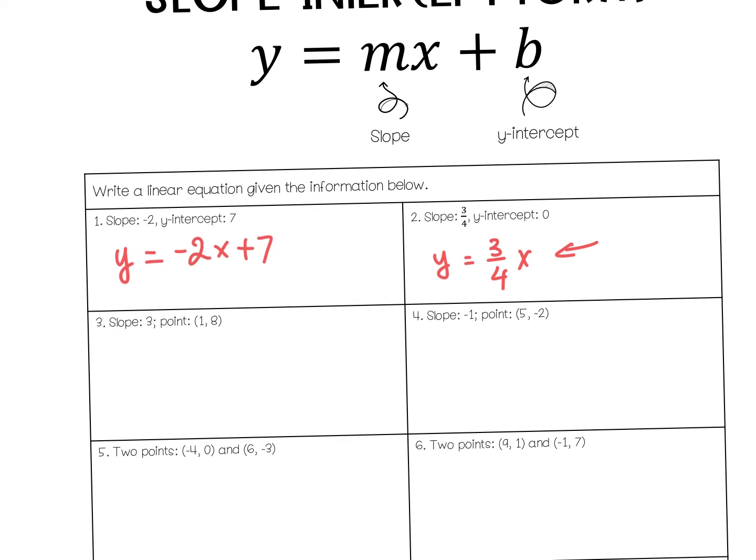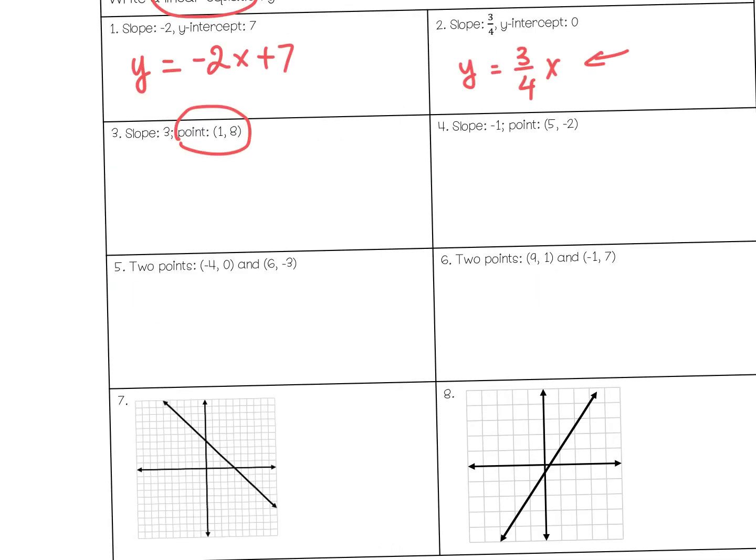Number 3. Now they give you the point (1, 8). You know the slope, but we need to write down the equation. This is something new, so I'm going to show you how to do it. First, write down the formula: y equal to mx plus b, the slope-intercept form.